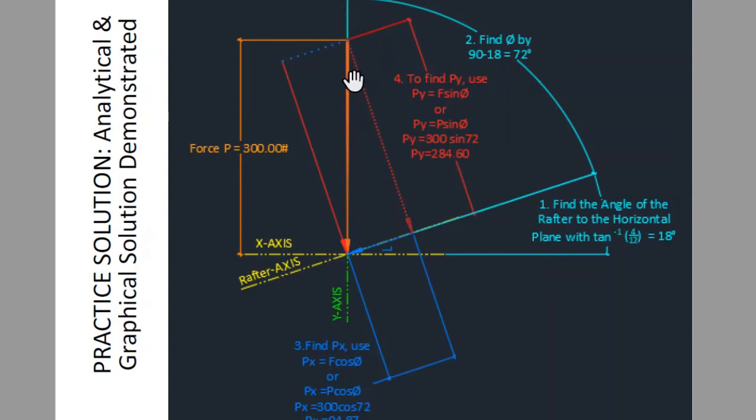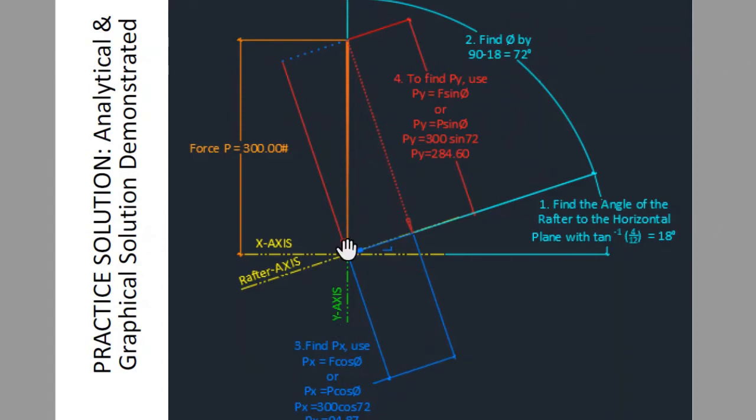Now, if you can see, between the force P, that's vertical, and the x-axis, we have 90 degrees. So in order for us to find the angle between force P and the rafter axis, we subtract 18 from 90 degrees, and we have 72 degrees.